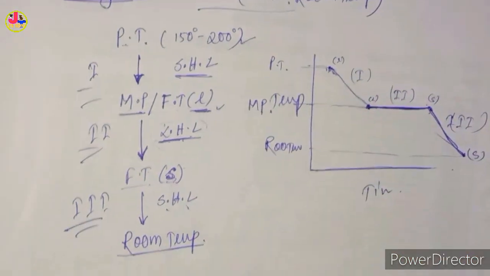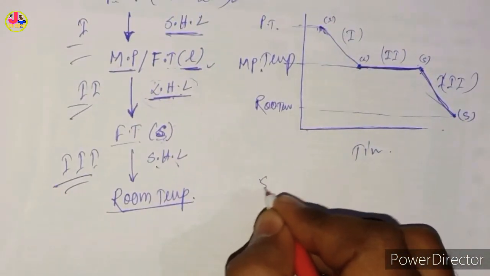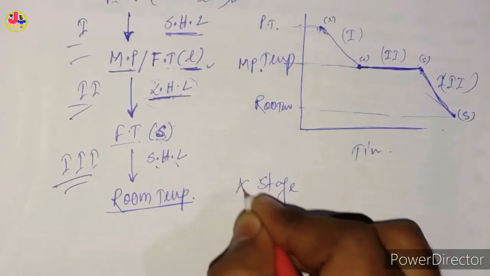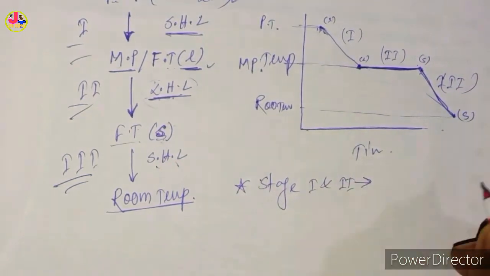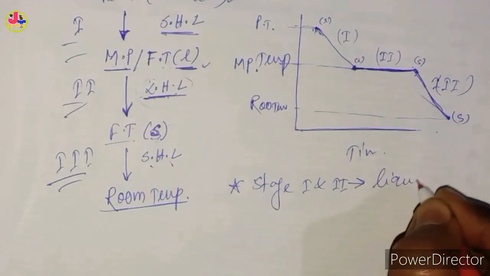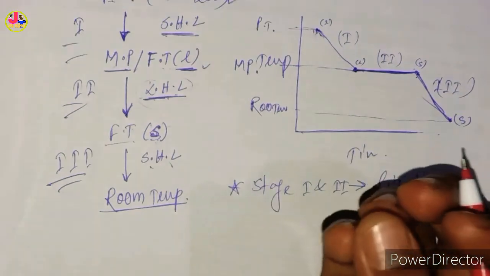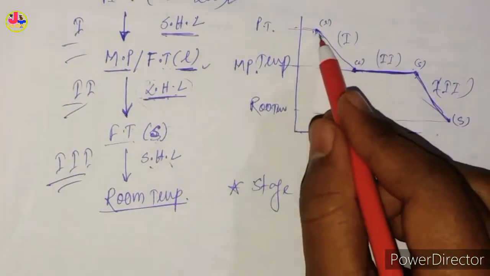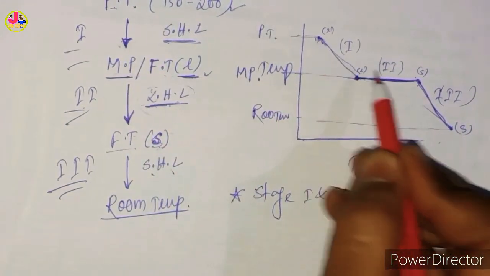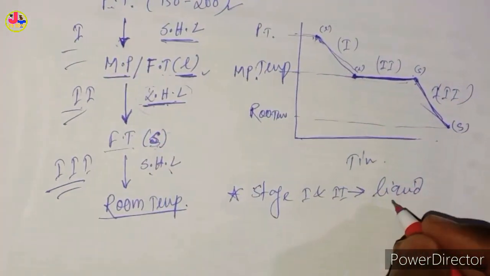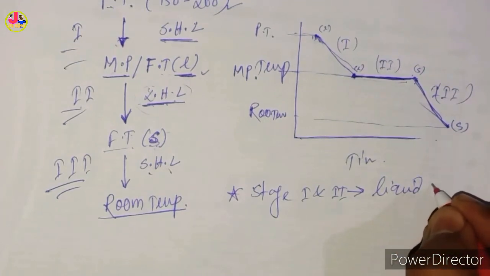Stage 1 and 2 are called liquid shrinkage. During cooling, the molten metal is going to shrink during these stages 1 and 2, so this is called liquid shrinkage.